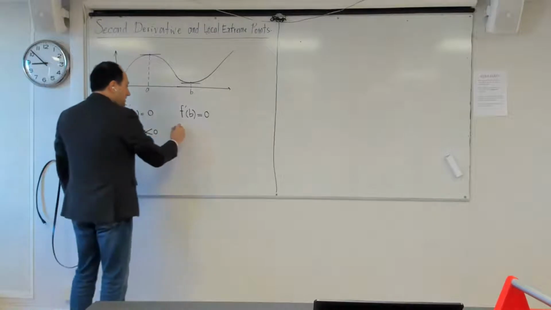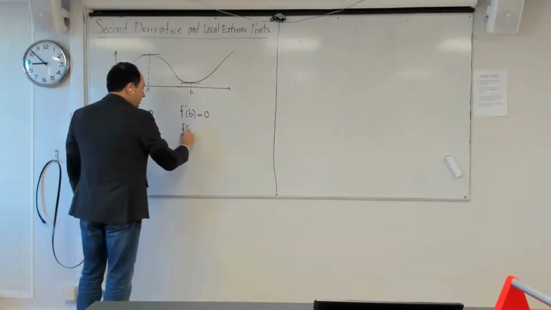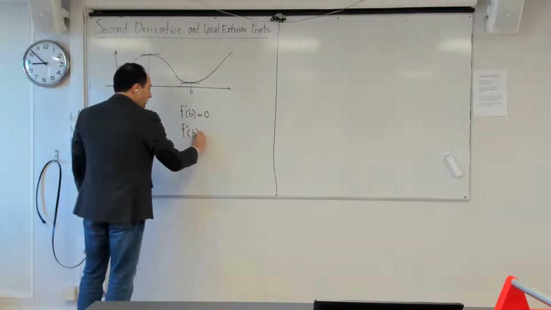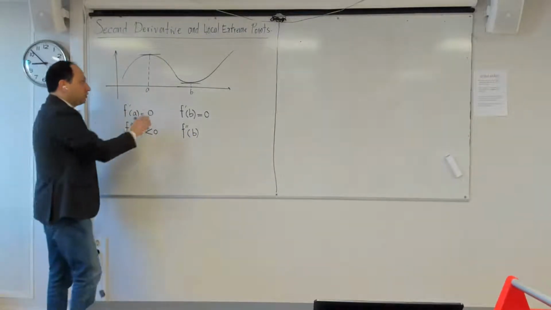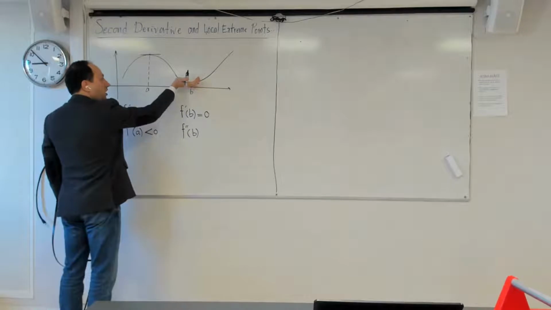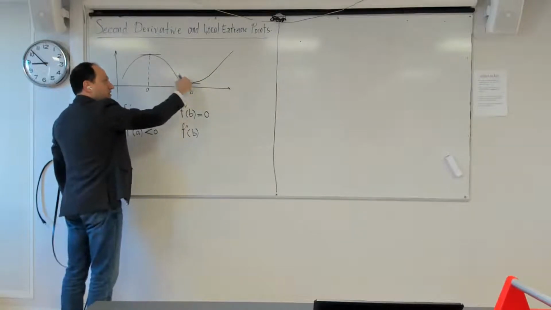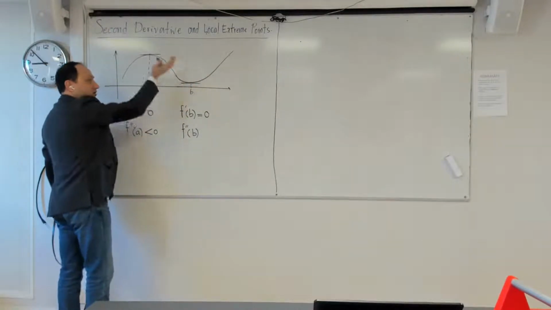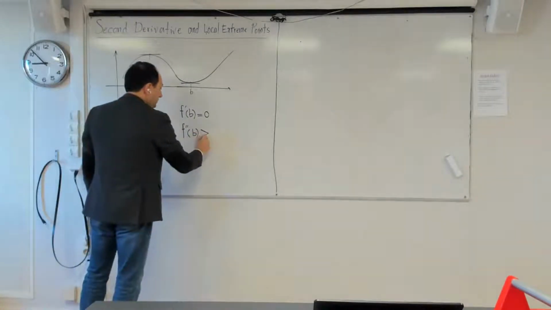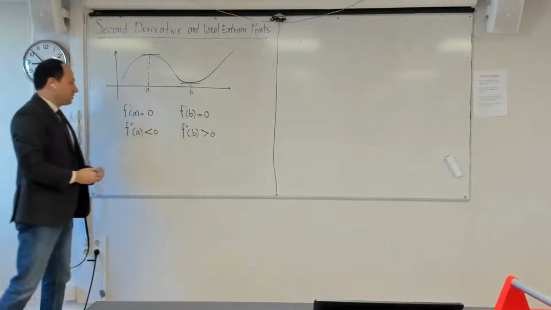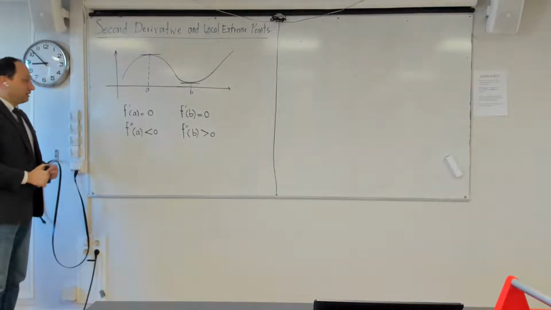But now if I ask you what is f double prime of B, you cannot give me the exact value for f double prime of B, but you can see that it's convex at that point. It's like a normal ball, yes? It's concave upward. So then you would say that this second derivative is positive. So that is a very nice criterion, yes?